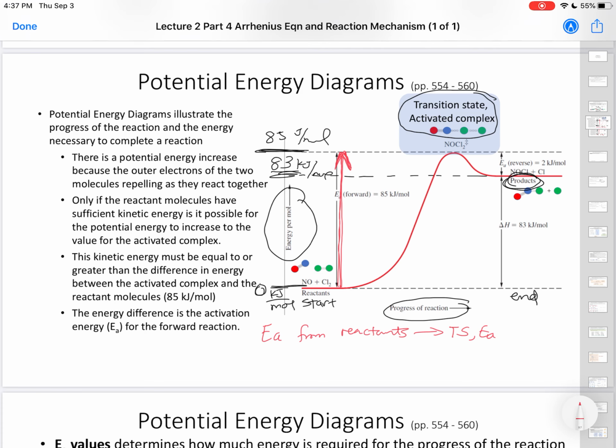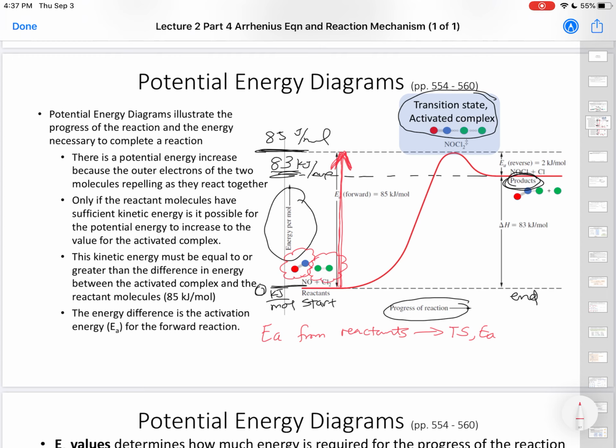So why is this arrow always positive and pointing up? It's because forming a bond and breaking a bond requires a certain amount of energy. The reason for this is, as you can imagine, when you have molecules coming together, around each molecule is the electron cloud. We know that outside of the atoms are these electrons.